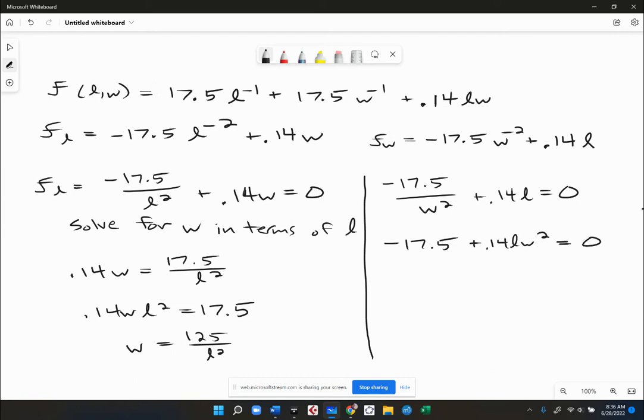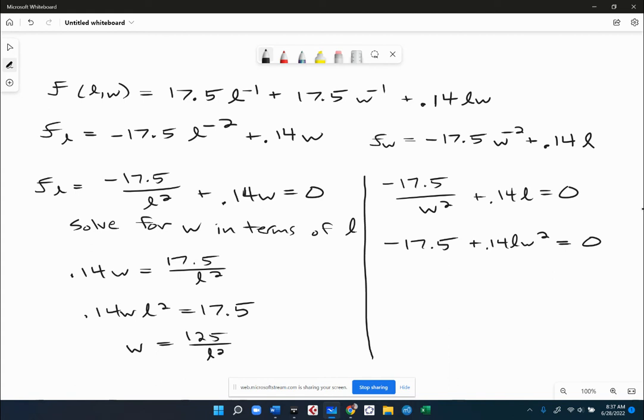One of the nice things about 0 on one side of the equation is you can multiply the left side by whatever you want because the right side is still just going to be 0. So that's where I'm at. That's my nicest way to say that FW equals 0. I have negative 17.5 plus 0.14 LW squared equals 0.